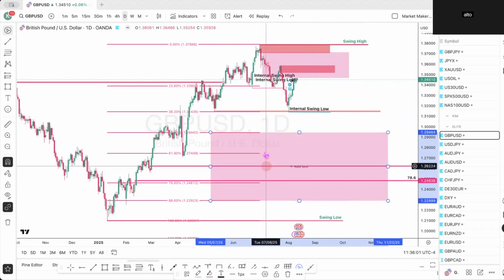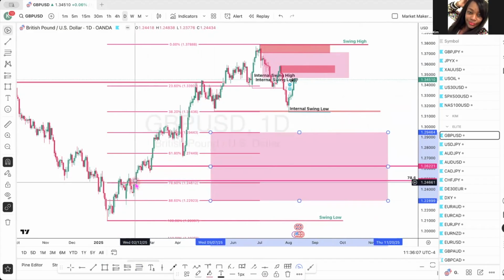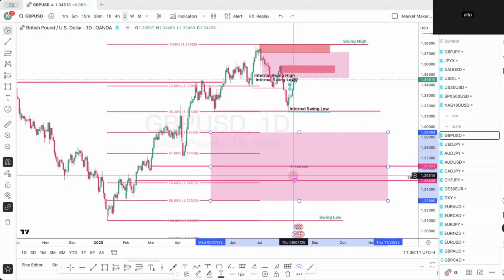Once it gets here, of course, I'm looking for price to pull back to the 78. There's a demand zone here. As a matter of fact, I see that. I'm going to, nine times out of ten, set the limit and let it do what it's going to do.